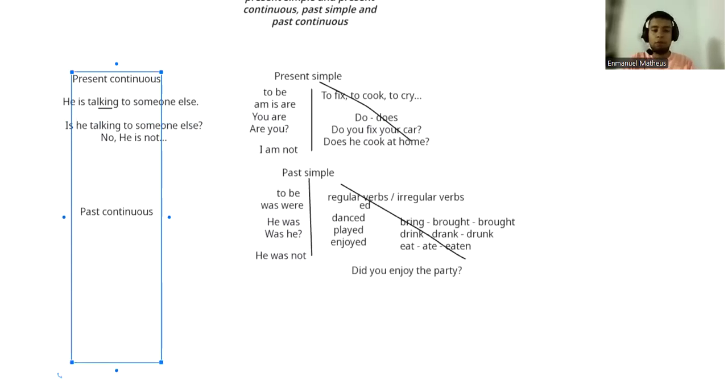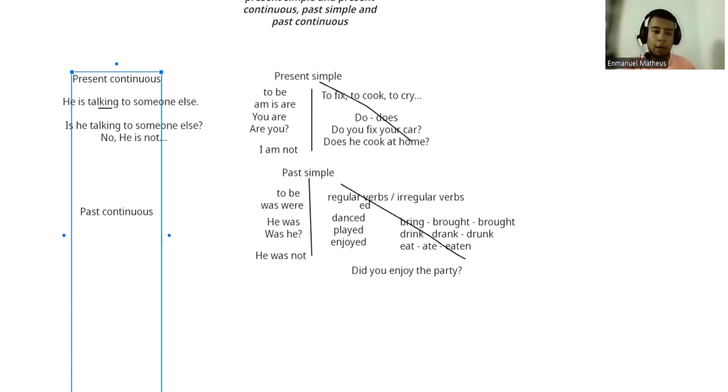If we want to create a question, was he crying? And the negative would be, no, he was not crying, or you can leave it that way.